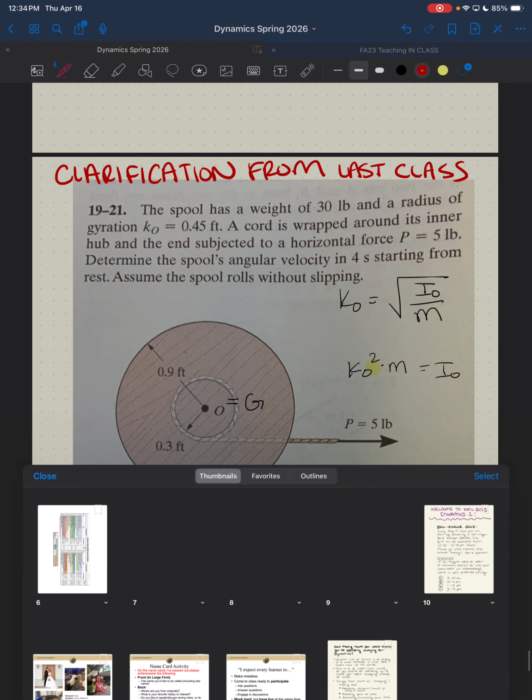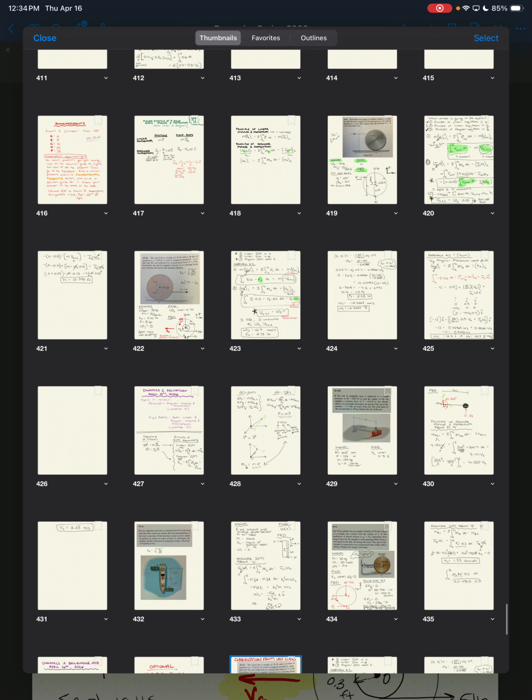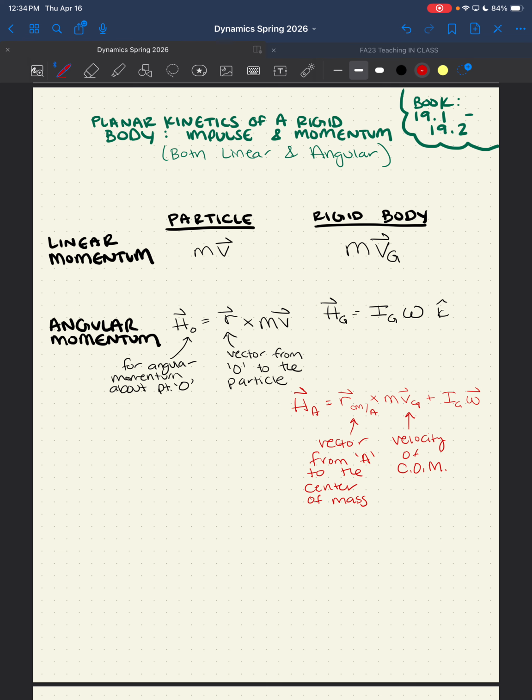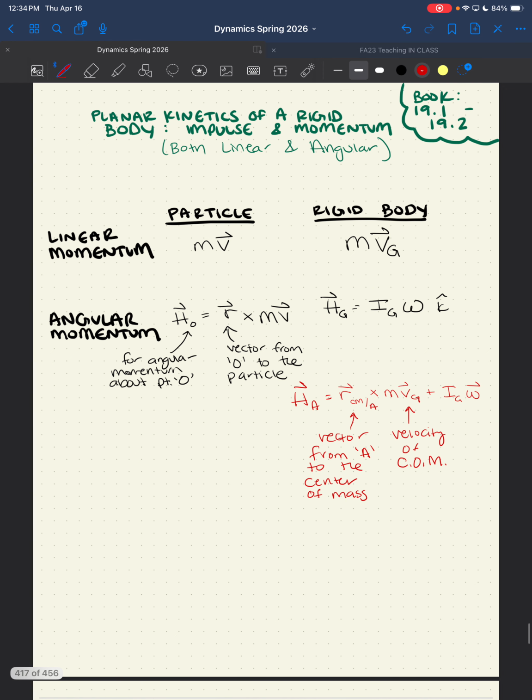Actually, let me back up really quickly to part of the notes. At the very beginning of last class, this is the kind of chart that we made.